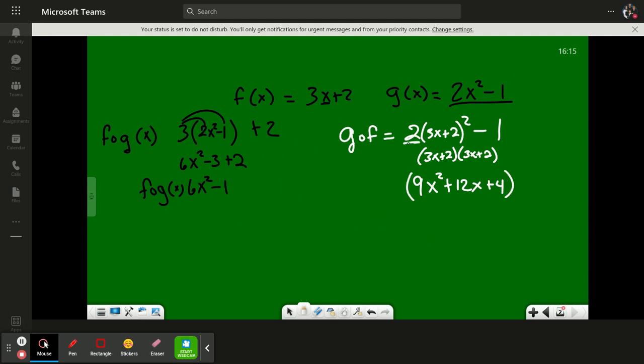Now I have to take care of multiplying and distributing by that 2, and I'm going to get 18x squared plus 24x plus 8. That's just distributing that 2. Then I have this minus 1 to take care of. So that plus 8 is going to turn into a plus 7, right? Insert one in the other.